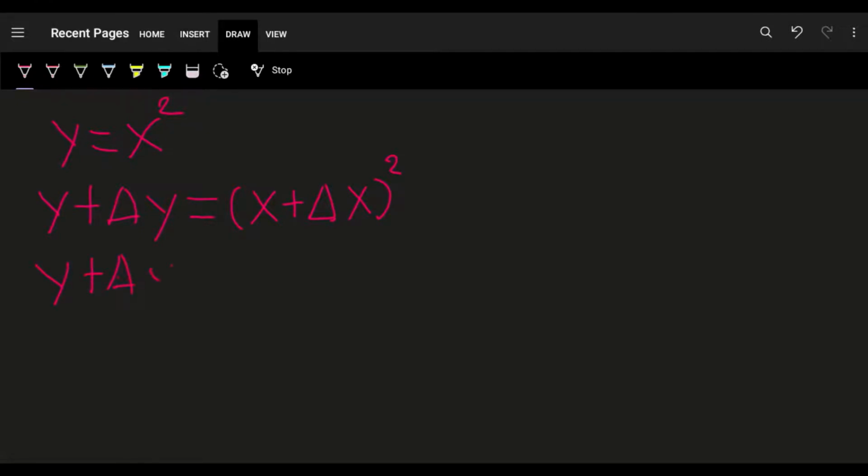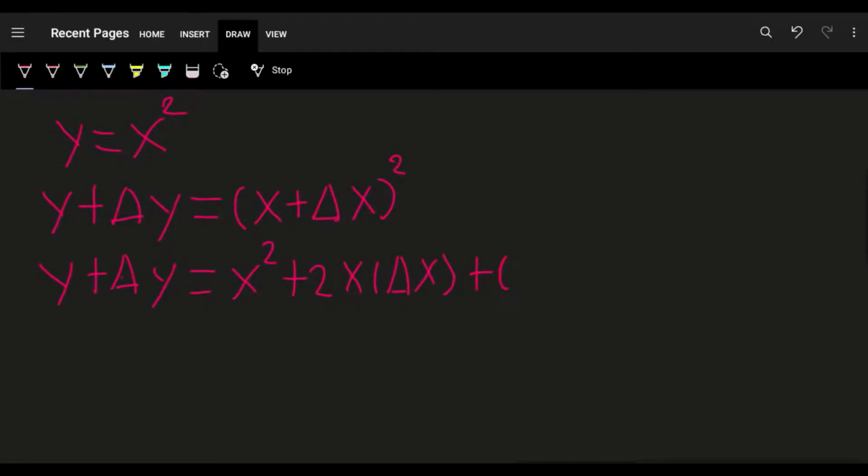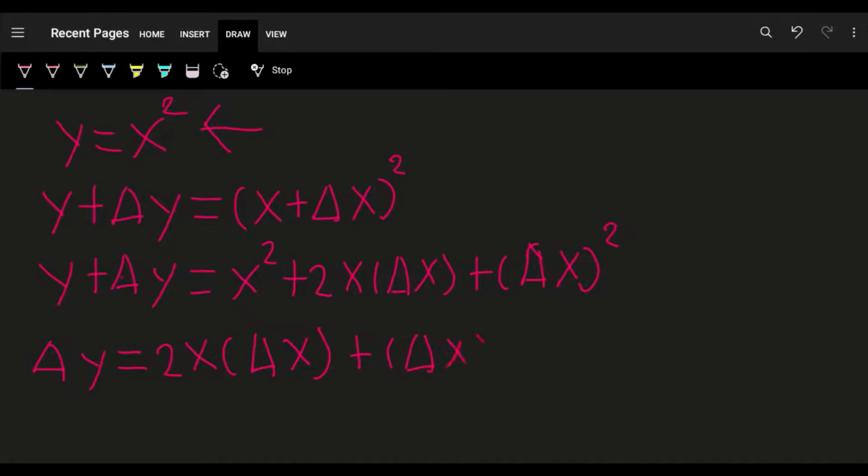Then we will use our equality to simplify this algebraically. We know y equals x squared, so we can subtract that from both sides to get a clear relationship between delta y and delta x. And this ends up with delta y equaling 2x delta x plus delta x squared.